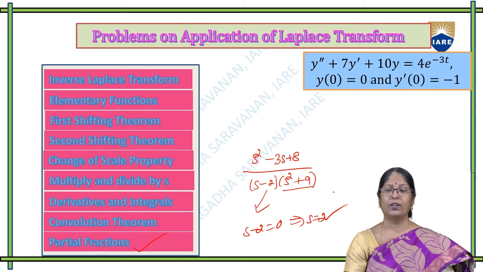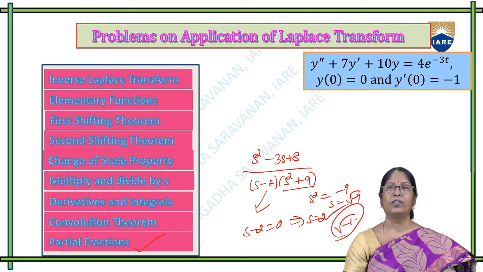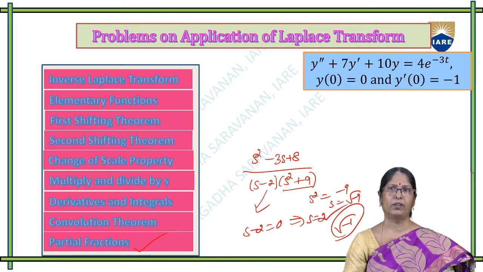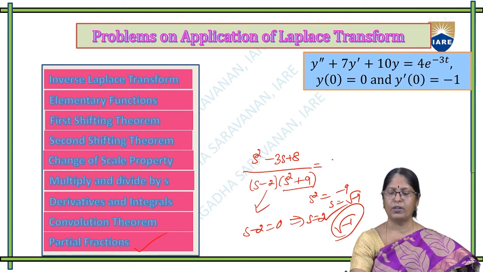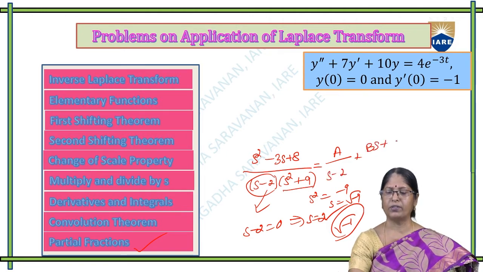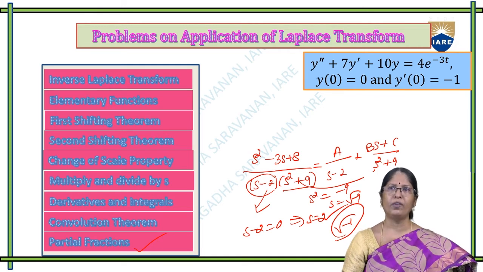Whereas coming to the other factor, s squared equal to minus 9, s equal to square root of minus 9, square root of minus 1 times 3, the square root of a negative number, so we will be getting complex roots. So this can be solved. For the real root, we will write A divided by this term. For the complex one, we will write Bs plus C divided by this. So this is also a way we can proceed.